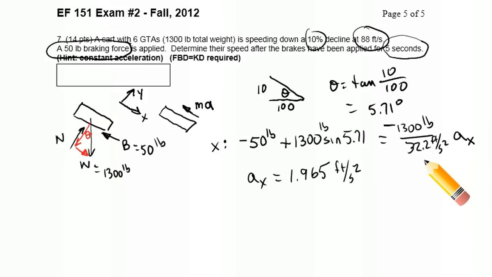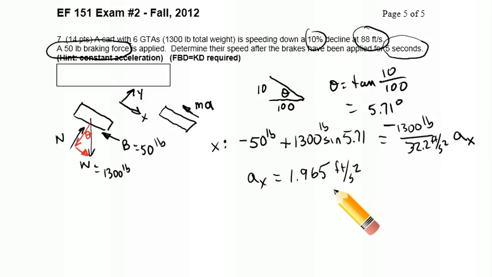By working it the way I did with a positive sign right there, that would actually mean I assumed my acceleration in the positive direction. Getting this positive answer meant my assumption was correct.